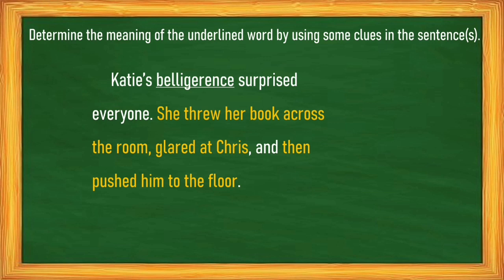It seems that there was a commotion in this example. And we could conclude that Katie is an ill-mannered person, or she could be an aggressive person. Since we have summed up the events in this example, what do you think is the clue used in these sentences? That's right. We have inference.